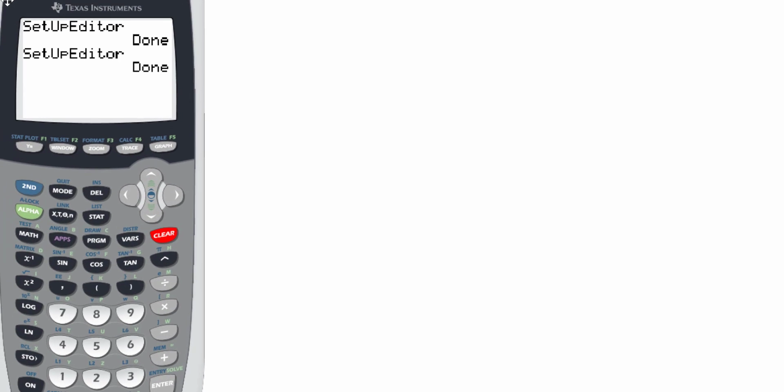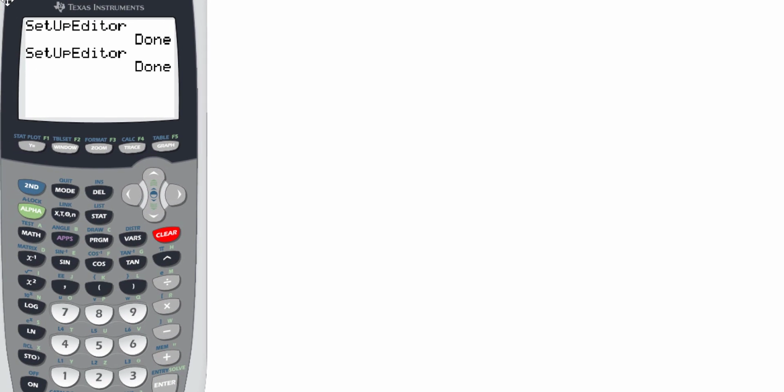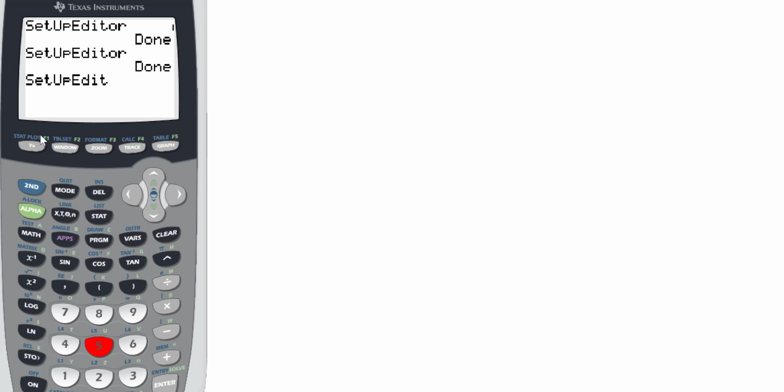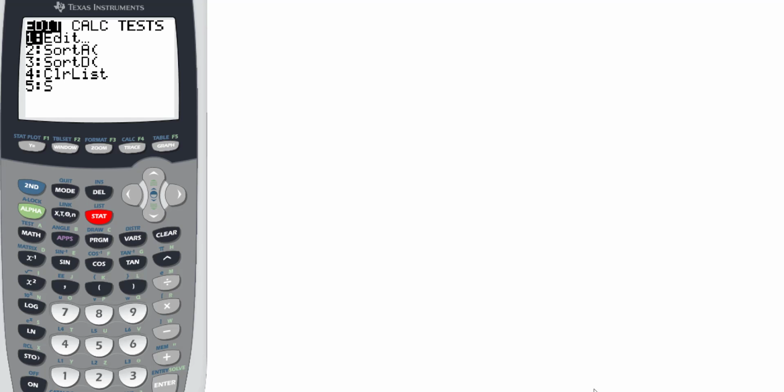All right, I'm going to hit the stat key, because all the directions are on that page, but let's just do it. I'm going to hit the stat key, and I'm going to do setup editor because I always like to hit setup editor, which is kind of nice. It kind of resets the columns. And then I'm going to hit stat, and then I'm going to hit edit.